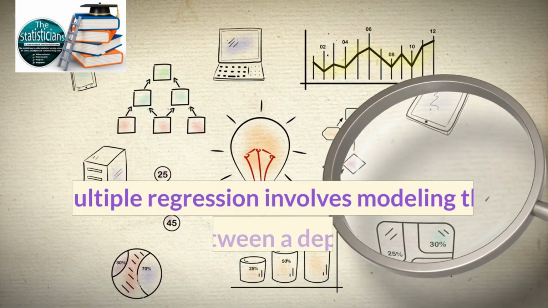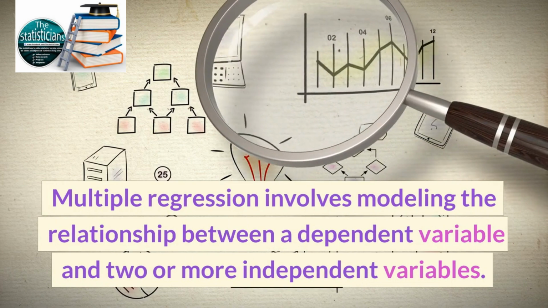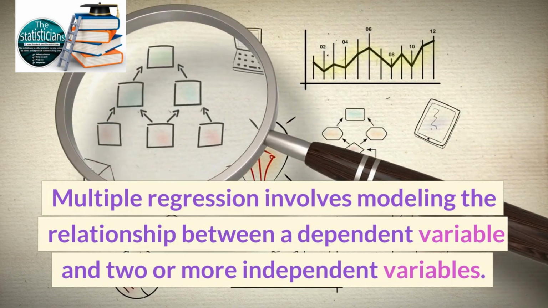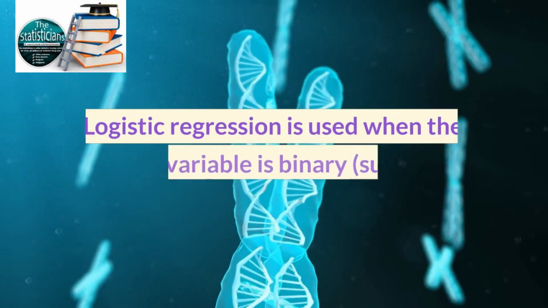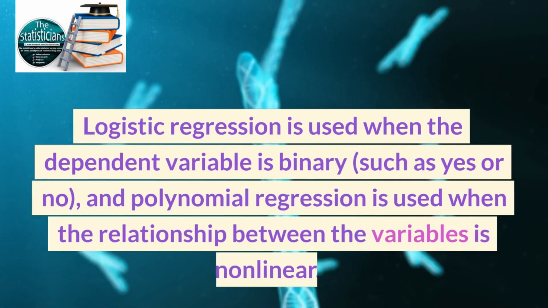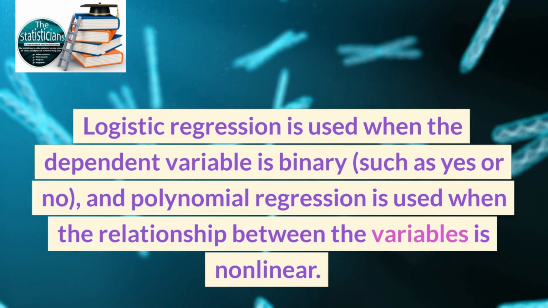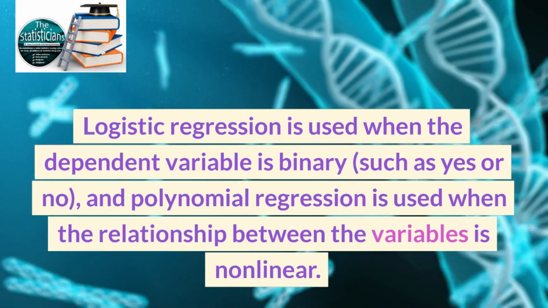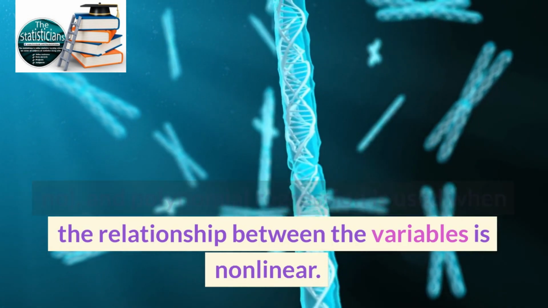Multiple regression involves modeling the relationship between a dependent variable and two or more independent variables. Logistic regression is used when the dependent variable is binary, such as yes or no, and polynomial regression is used when the relationship between the variables is nonlinear.